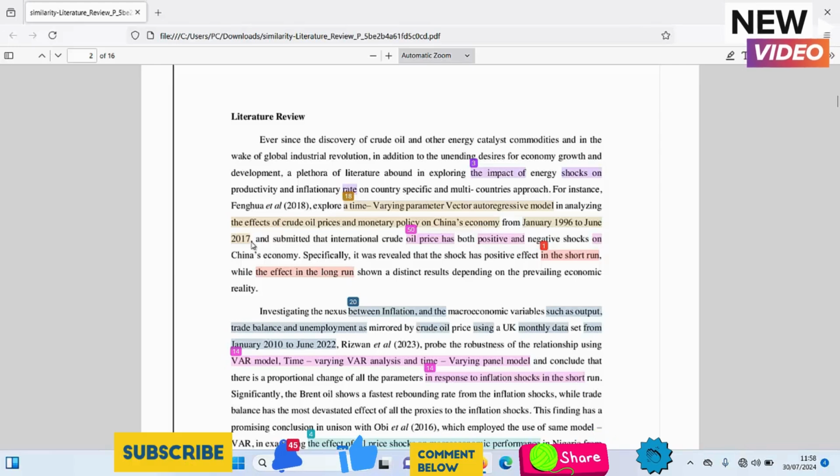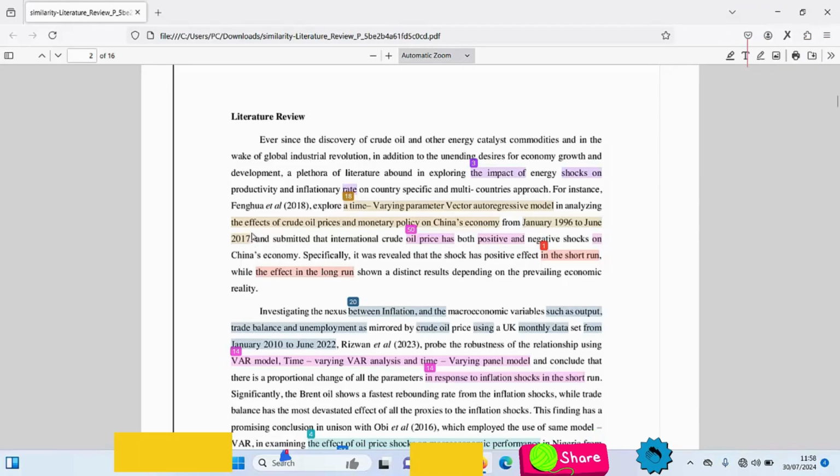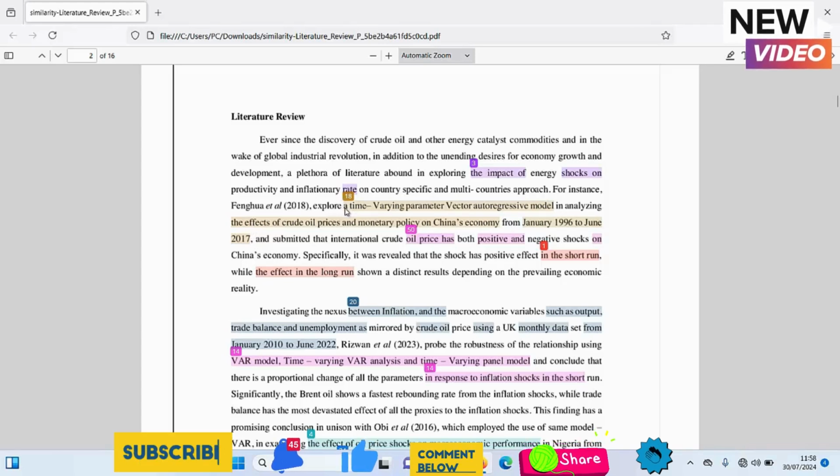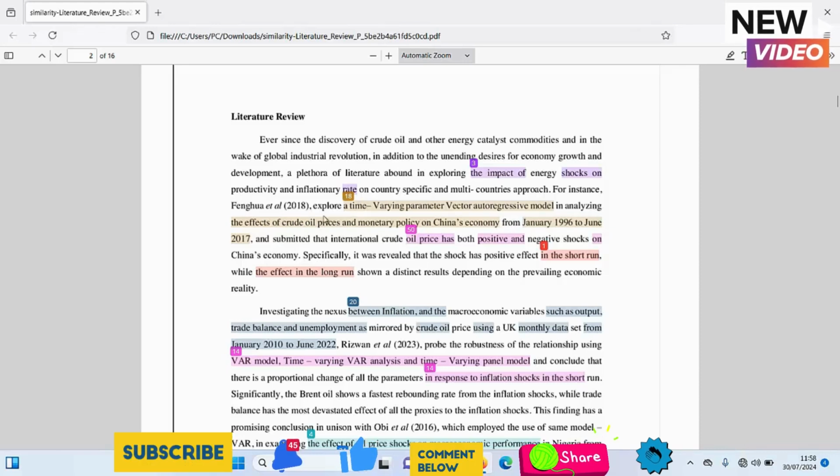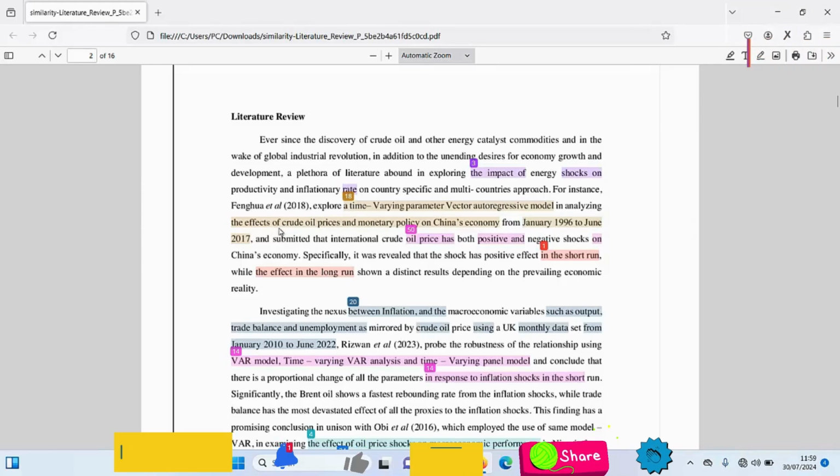So just sit down and paraphrase, or you rewrite this particular sentence from here. For instance, okay, yes, a time variant. You can just say that these particular persons, these guys, analyzed the nexus instead of the effects.